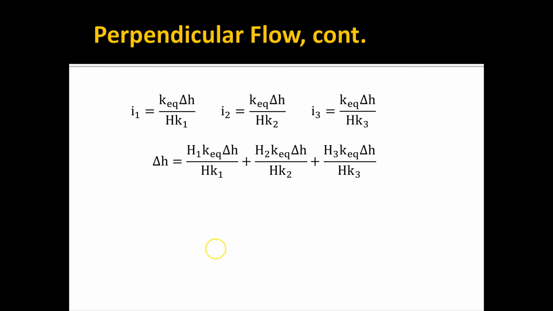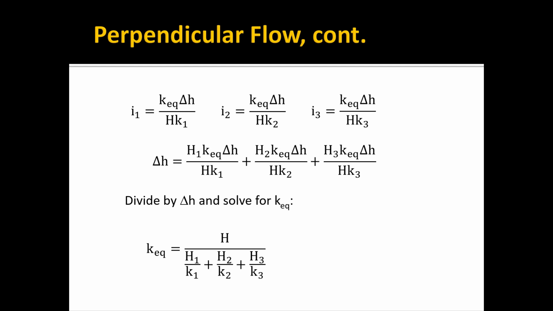Finally, if we divide both sides by delta H and solve for K equivalent, we now come up with this term. This one's a little trickier than the other one, but in the end we have another very simple equation, and this can be represented very simply in a summation form as the equivalent hydraulic conductivity is equal to the sum of the heights, or the entire thickness of this layered system, divided by the sum of Hi over Ki.